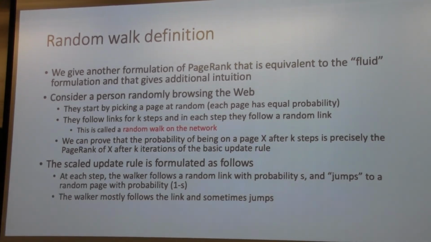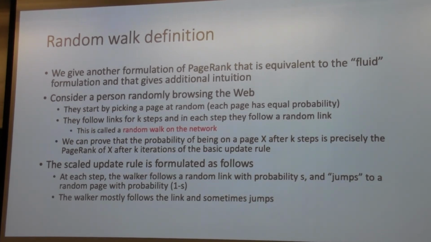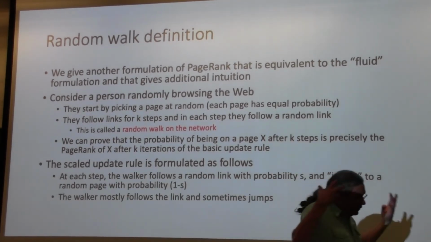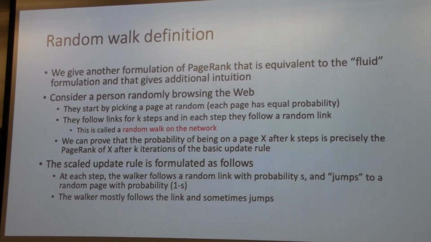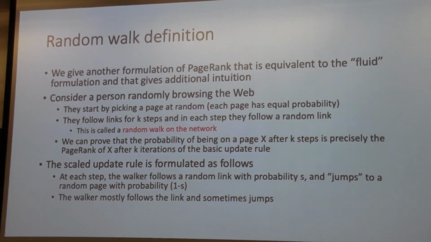So basically, it's a kind of random walk of a certain length until you jump. Boom. So after a certain number of steps, you will jump. You mostly follow the link and sometimes jump. That kind of models how people browse the web, okay? This actually is a very good intuition to keep in your head, together with the fluid intuition, which is also a good one. Okay, so that's all I want to say right now.